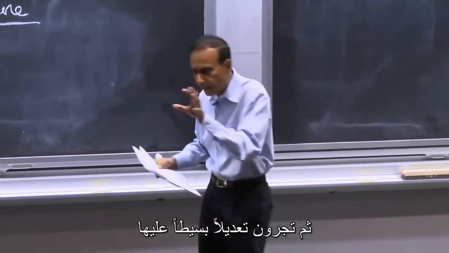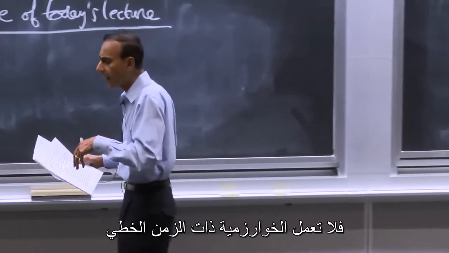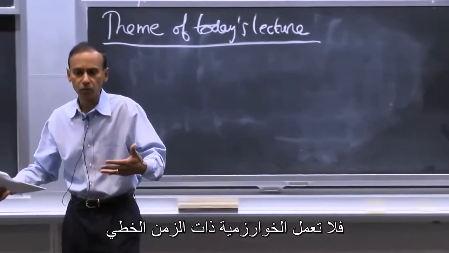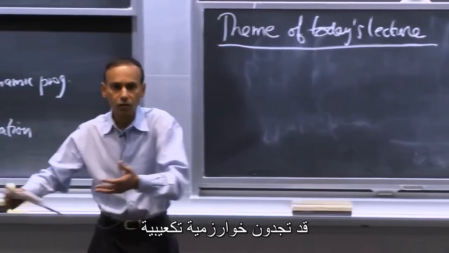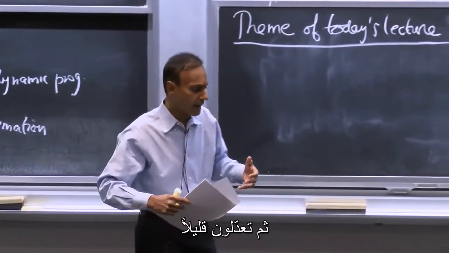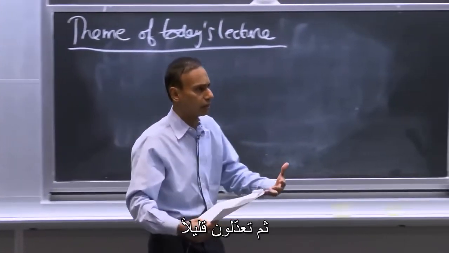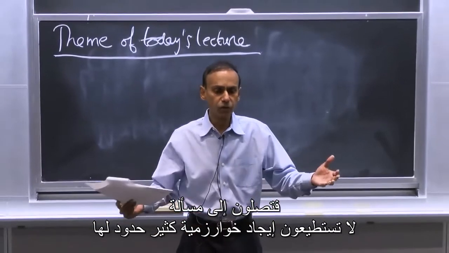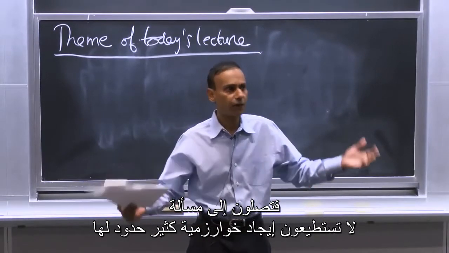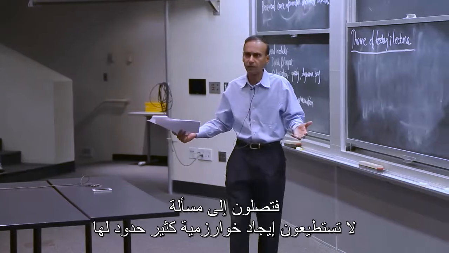Then you change it ever so slightly, and the linear time algorithm doesn't work. Maybe you can find a cubic algorithm, and then you change it a little more, and you end up with something that you can't find a polynomial time algorithm for.